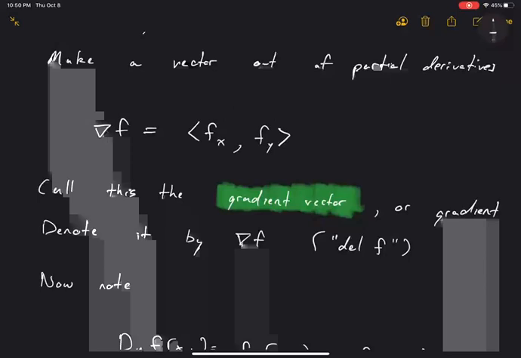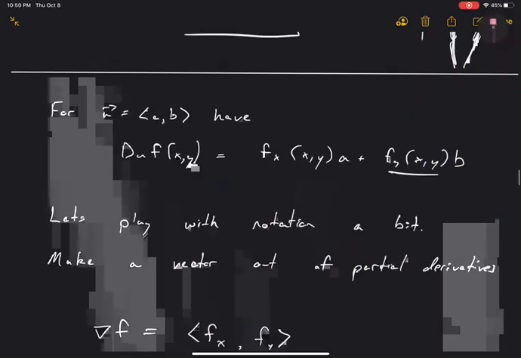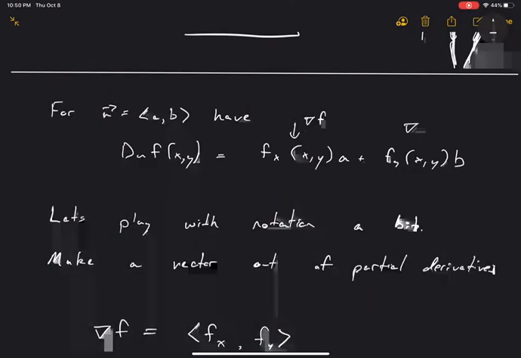Now let's look at this term up here. Remember, this is the first component of my vector. So this is the x component of del f, and this is the y component of del f, right? And then I have this a and b here.